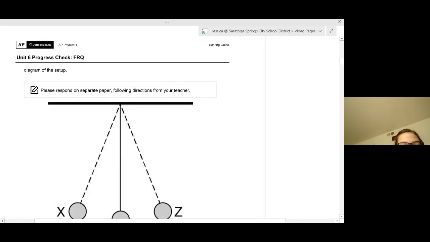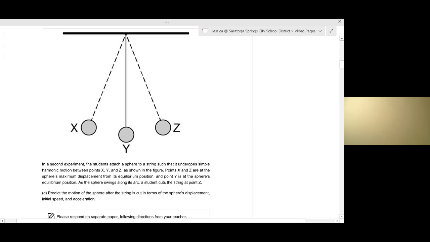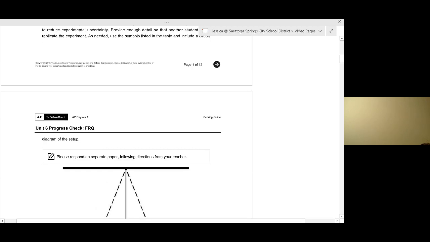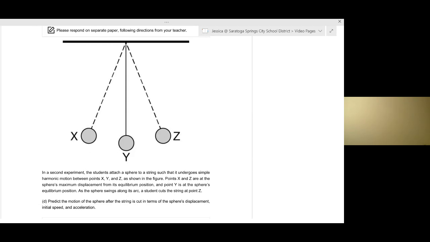In a second experiment, the students attach a sphere to a string and undergo simple harmonic motion between X, Y, and Z. Points X and Z are maximum displacement from equilibrium, and point Y is at the sphere's equilibrium position.